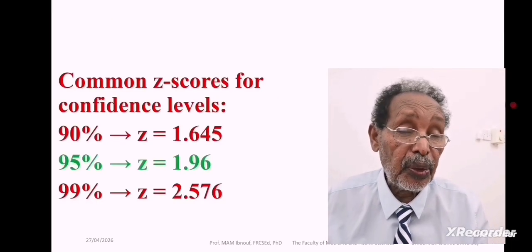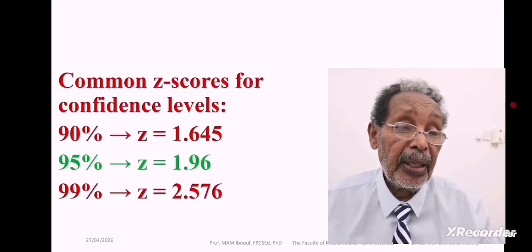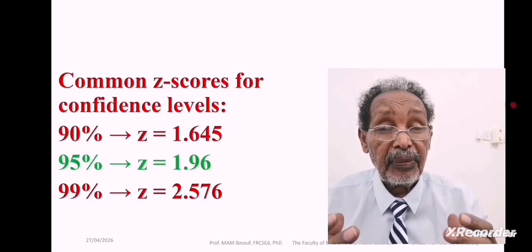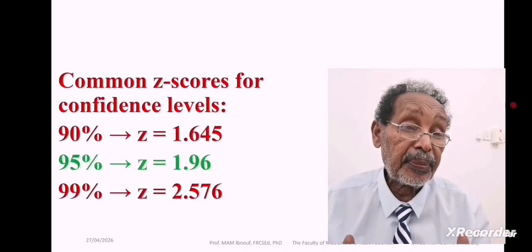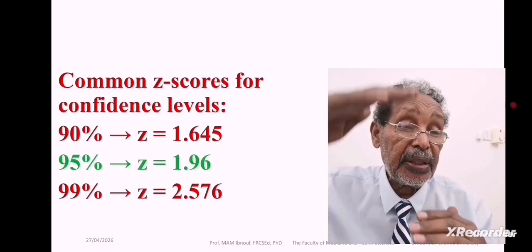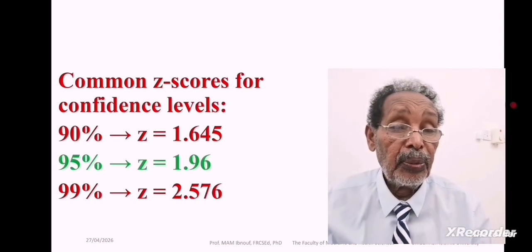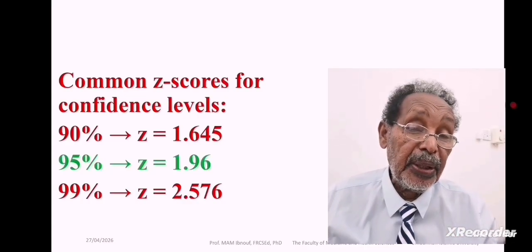However, if we want also bigger sample size, we can use a bigger confidence interval. We can use a 99% confidence interval because it is in the numerator. We can use it because automatically the z-value will be big.